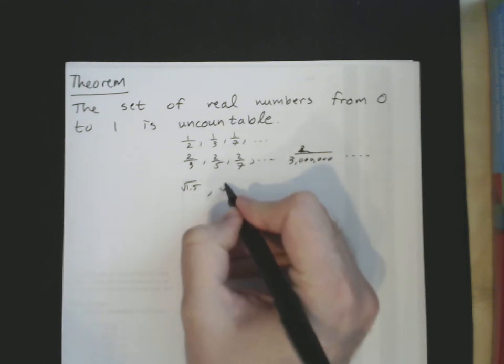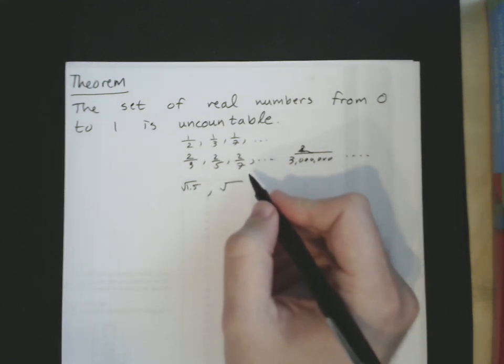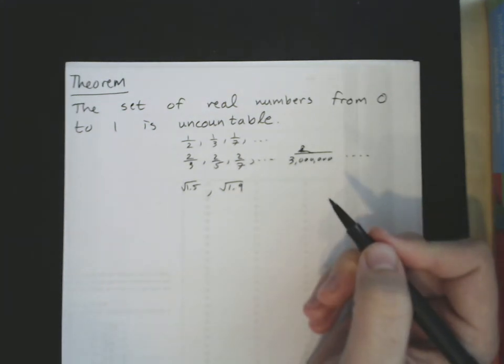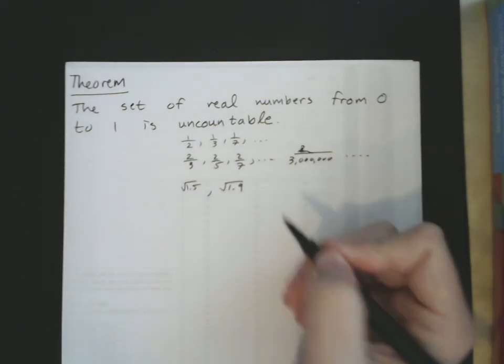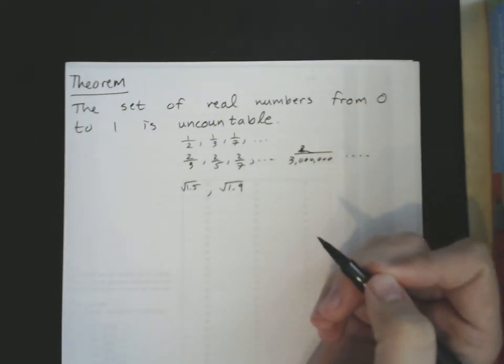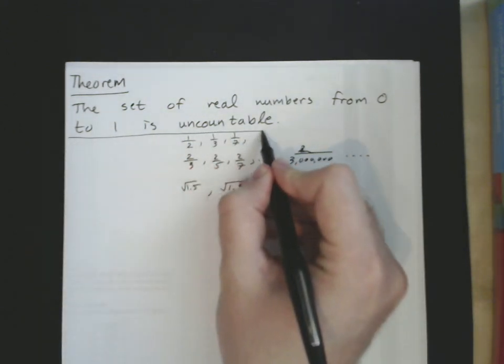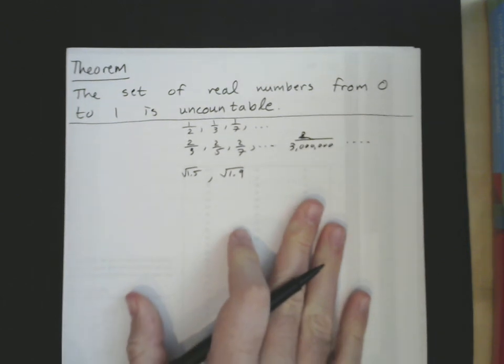We have the square root of 1.9. Things like that. So how do you map integers to these irrationals? You can't. So the set of real numbers from 0 to 1 is uncountable.